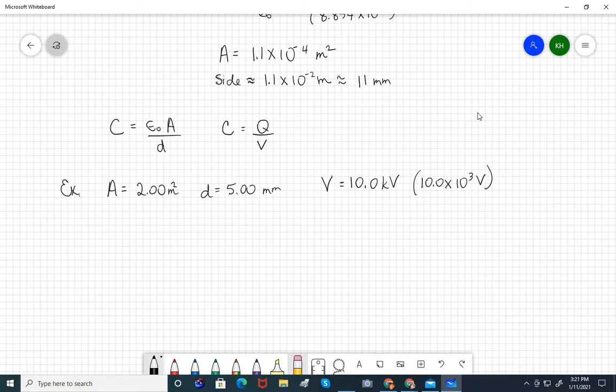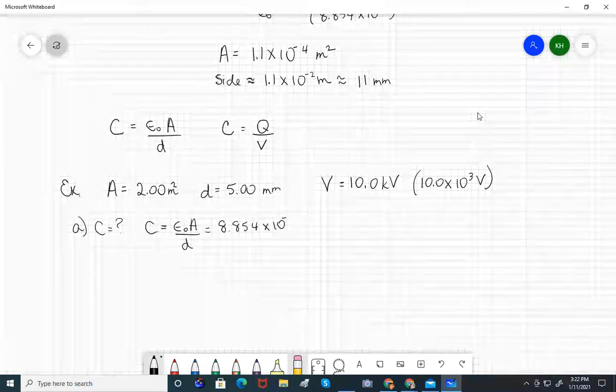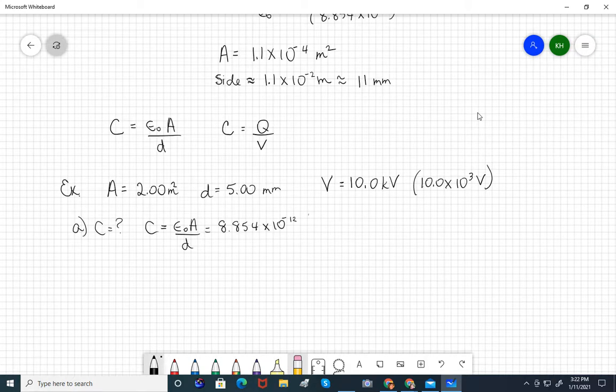First thing we want to do is calculate the capacitance. That's very straightforward. So 8.854 times 10 to the negative 12 times the area divided by D. We're going to make that into meters, 0.005 meters.